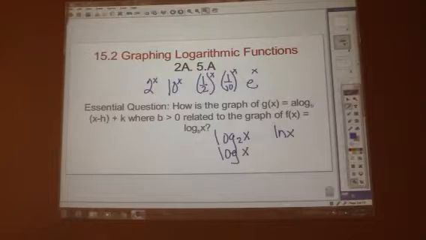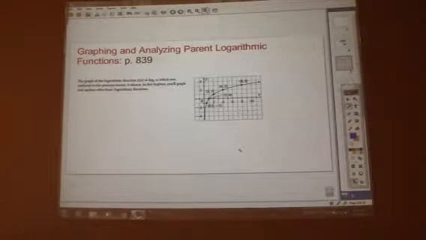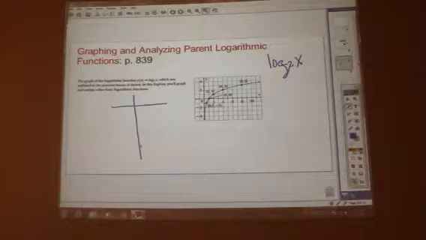So let's look at these three graphs on page 839. The first one we're going to look at is log base 2 of x. Now these are the points that log base 2 of x goes through. You cannot put that in your calculator.